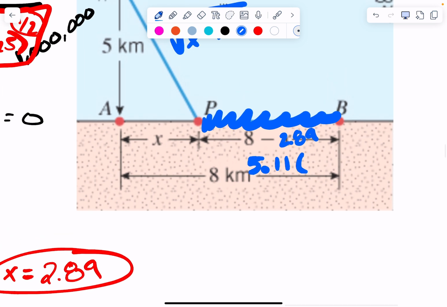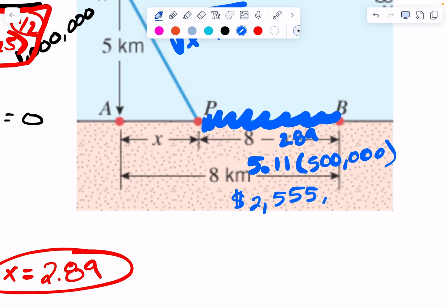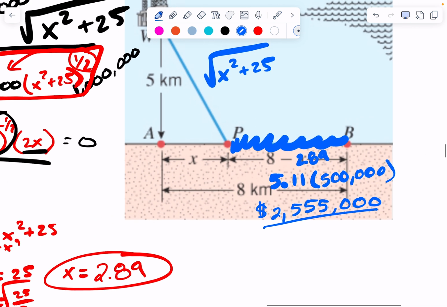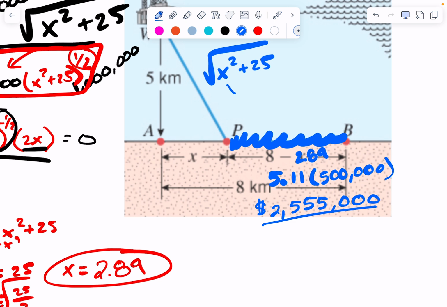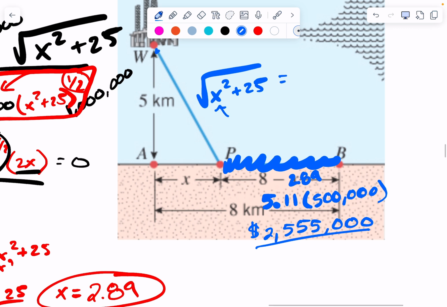Okay. How much money is that costing me at 500,000 a kilometer? Holy. That much? Okay, that much. Now, let's plug him in here. 2.89 squared plus 25, square root of that. How many kilometers by sea? 5.78 at a million, so 5 million, 775,000.